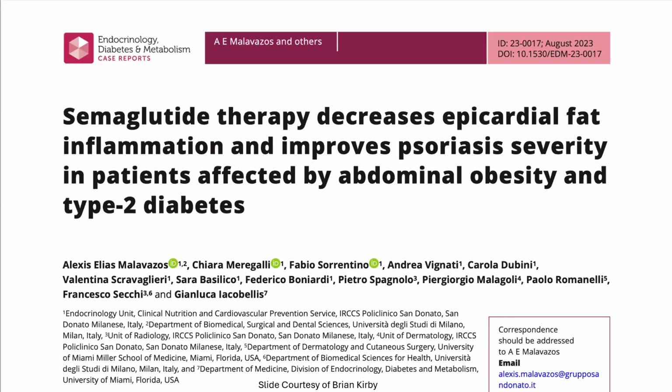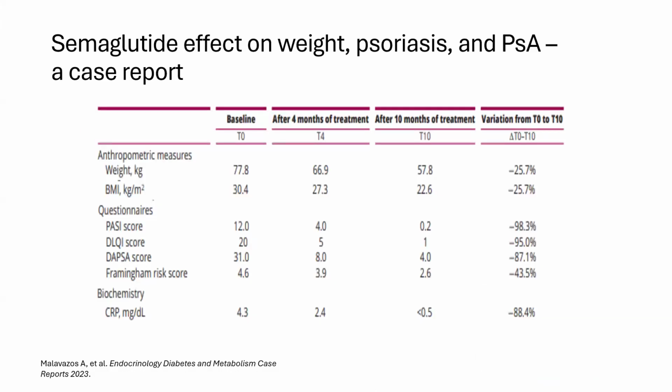And here's a single case study that I found using the one called semaglutide. This particular patient had been on a TNF inhibitor, I think it was adalimumab. They had been on an interleukin-17 inhibitor. They had had benefit for their psoriatic arthritis and psoriasis, but then lost benefit and were on no immune moderating medicines.